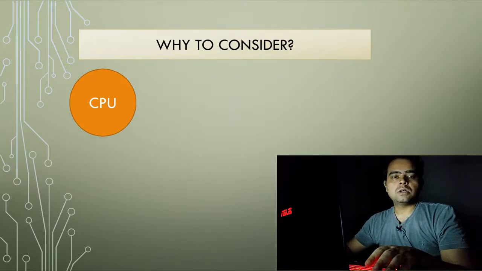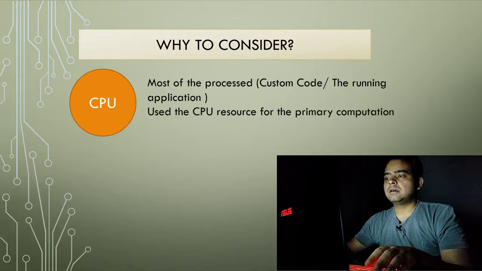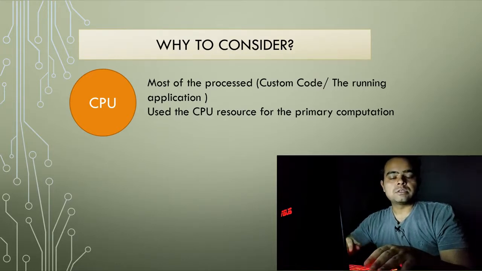As we all know, most of our processes or whatever custom code that we are writing, most of that gets executed on a CPU and it needs the CPU to work, obviously. So whatever application or library you are using, I'll consider only the data science applications here. Let's take an example: whatever IDE you are using for coding is also an application.